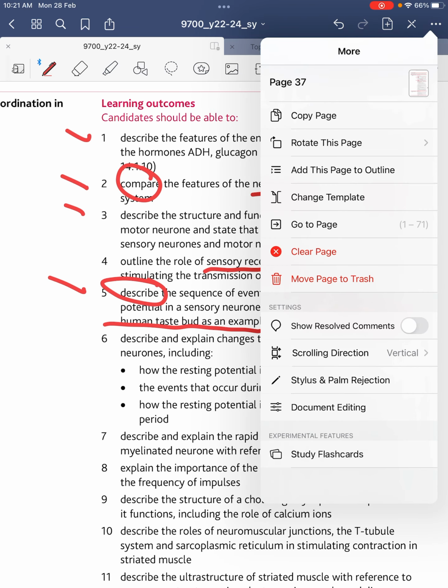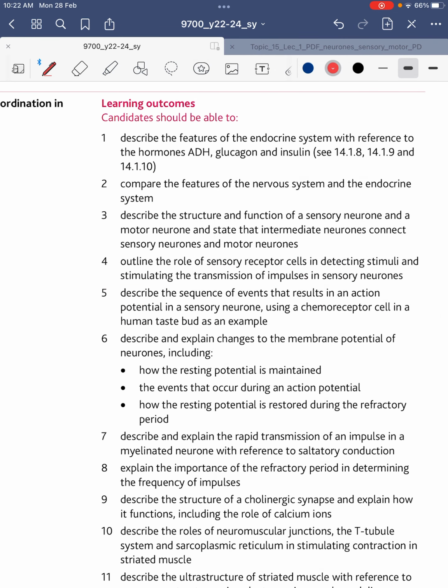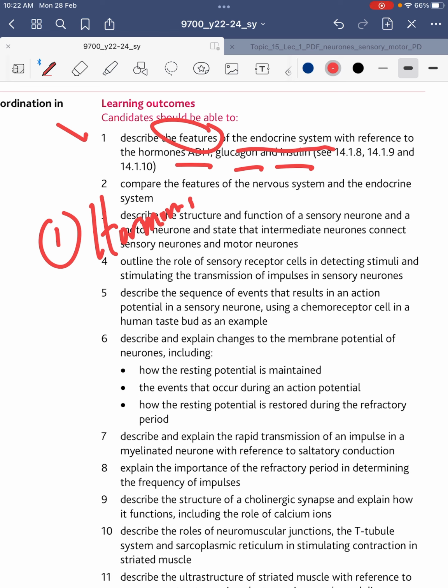Okay, the first thing we're going to look at is objective number 1: describe the features of the endocrine system. When we mention the endocrine system, of course we're going to talk about hormones. The key term here is hormones, and examples of hormones include ADH, glucagon, and insulin.